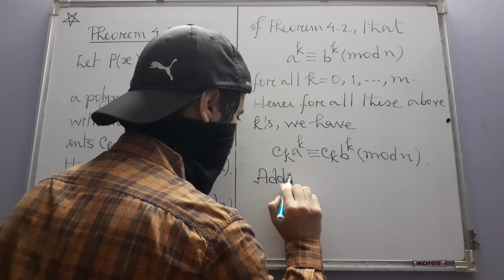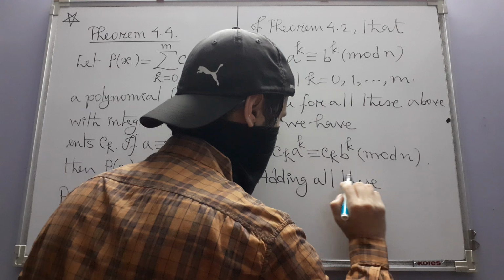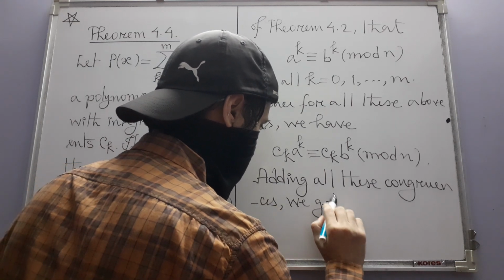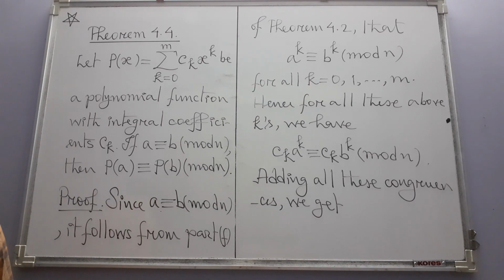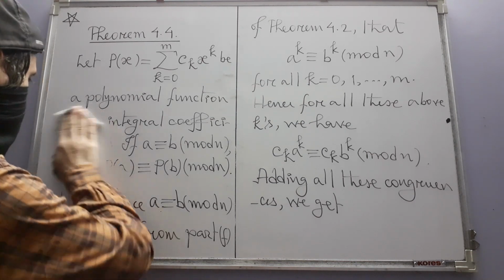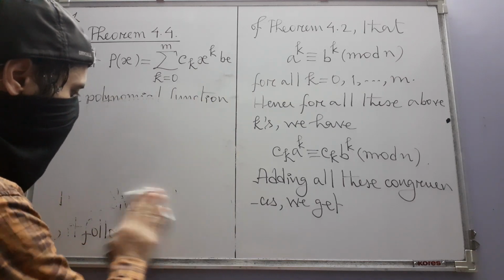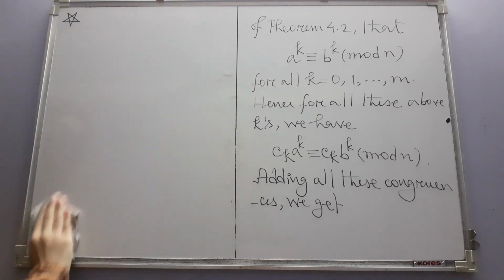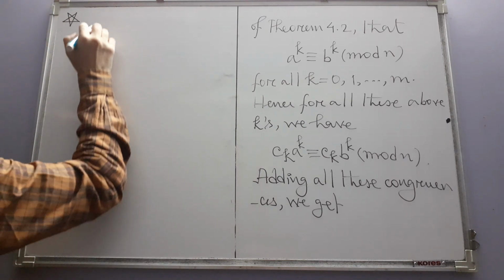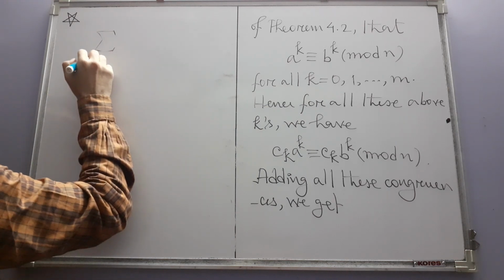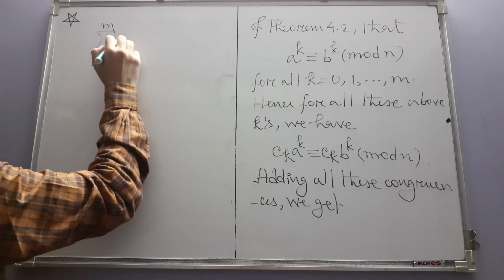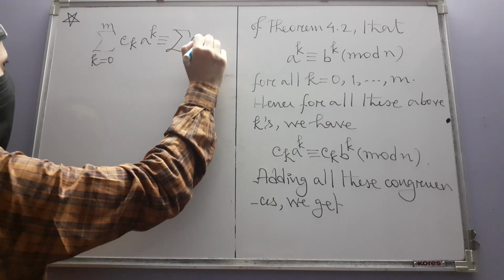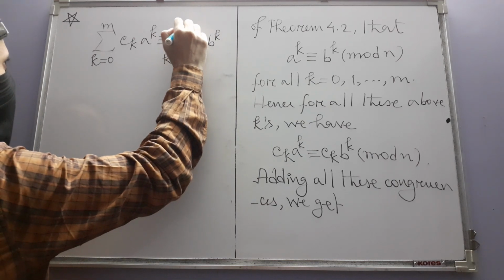Adding all these congruences, we get, if I use summation notation, then it will look like this: the summation, k goes from 0 to m, of c_k a to the power k is congruent to this mod n.